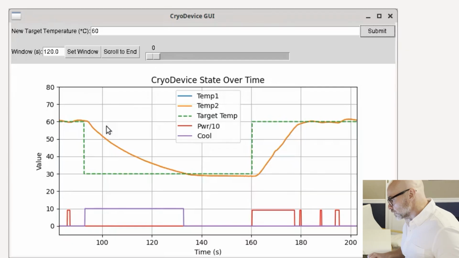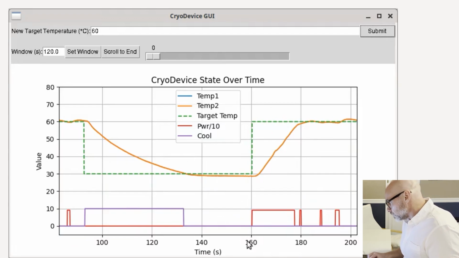This is it actually controlling the temperature. So here it's up at 60 degrees, and then I command it with the green line to go down to 30 degrees. And that's when in this plot, this purple is when the cool is on. That means when it's plunged, so it plunges till it gets down to that 30 degrees.